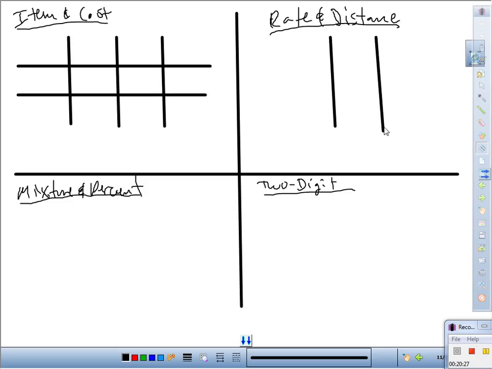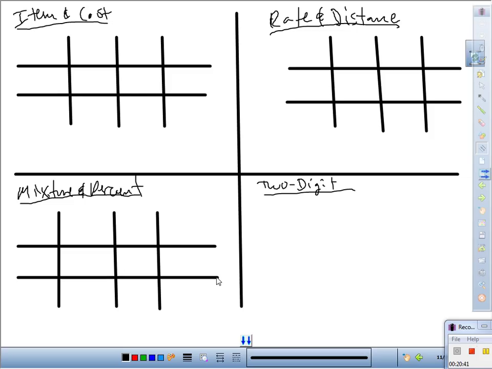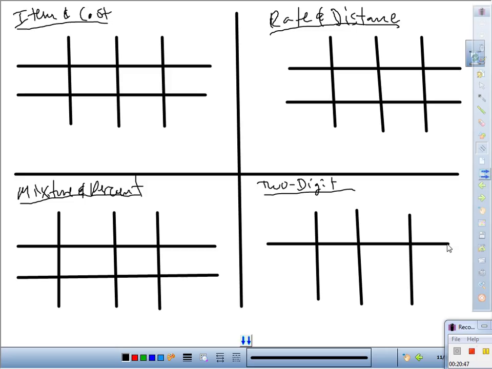Julian, I don't see you writing. 1, 2, 3, 2 across.